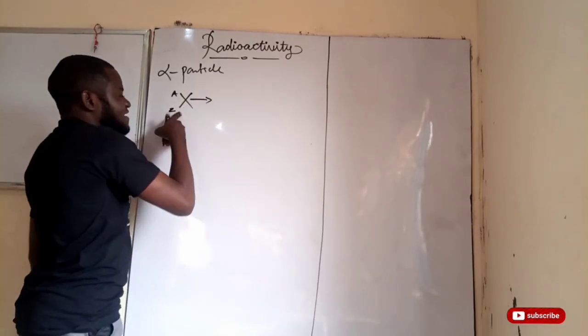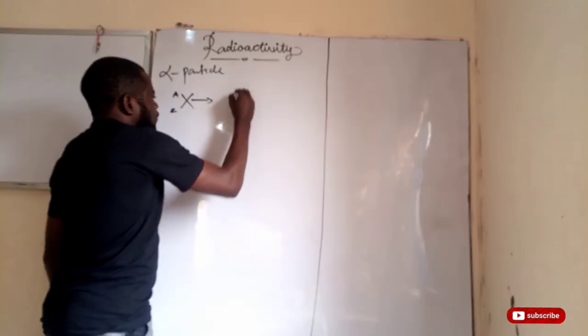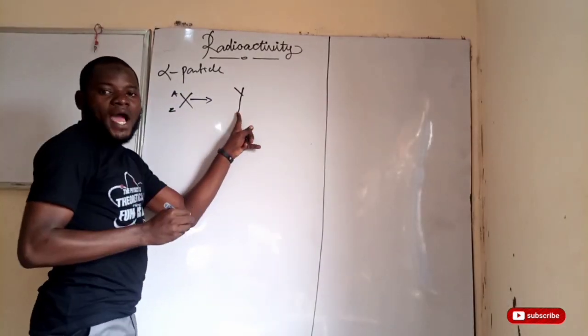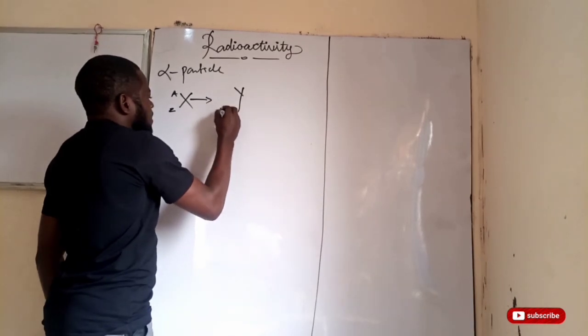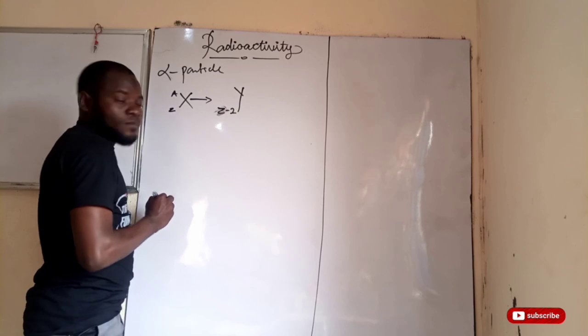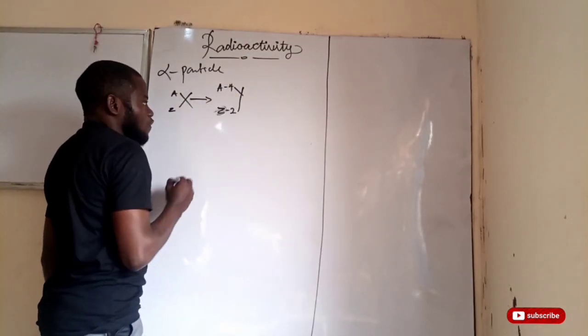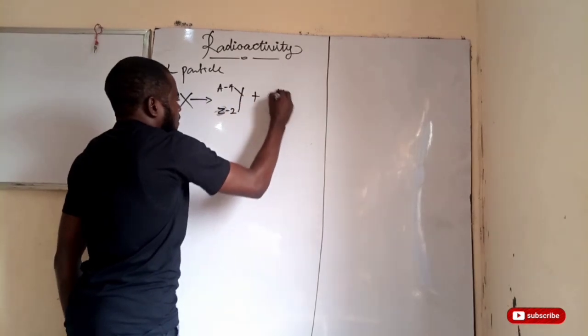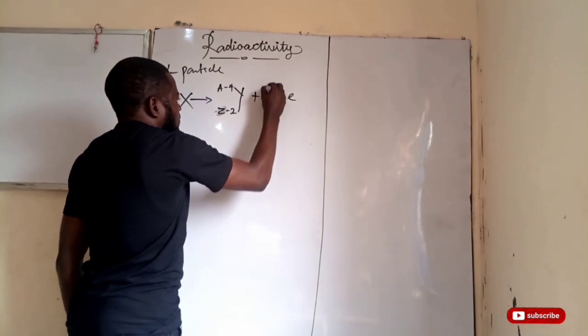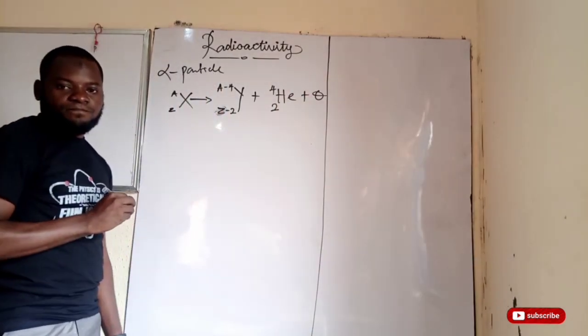If this element emits an alpha particle, it is going to produce another element Y, whose atomic number is going to be Z minus 2 and mass number is going to be A minus 4, plus helium, which has atomic number 2 and mass number 4, plus the energy released.